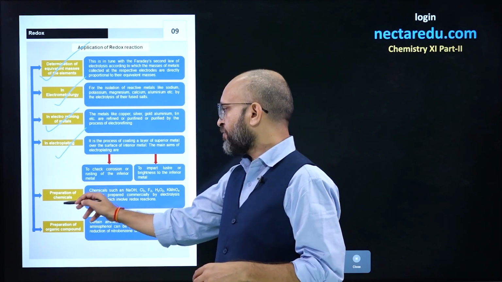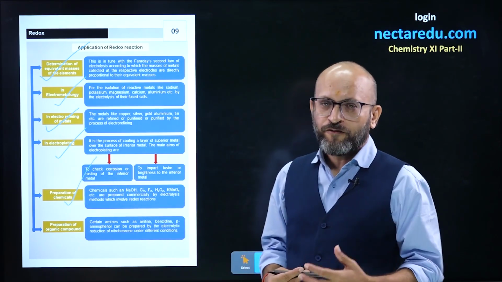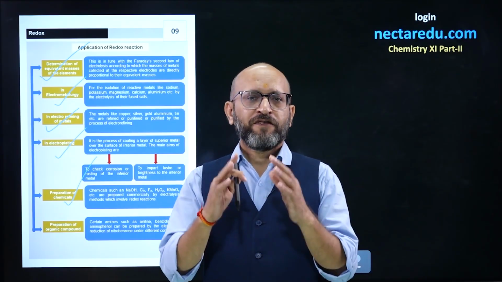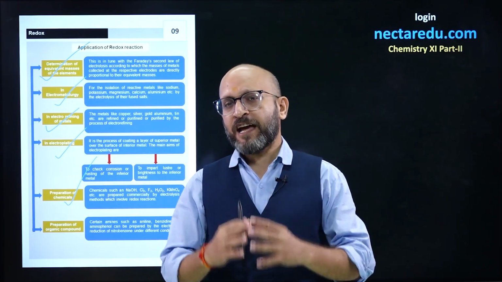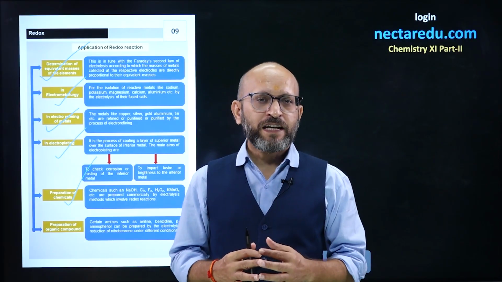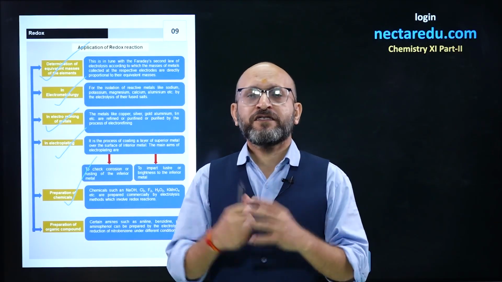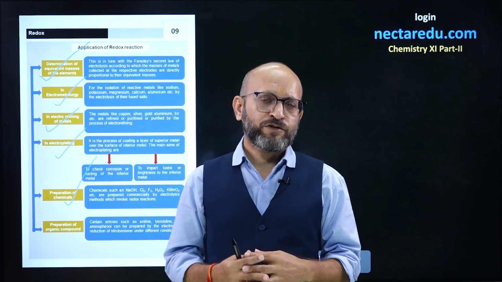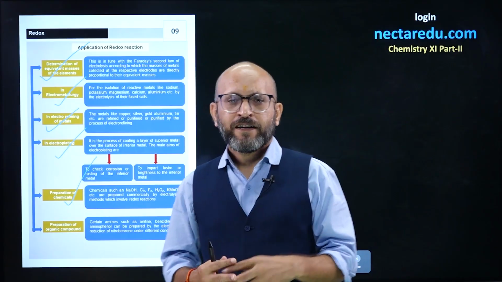Next, preparation of chemicals. From electrolysis of different solutions in the fused salt or in the aqueous solution, we can prepare many chemicals, such as sodium hydroxide, which can be prepared by the electrolysis of a brine solution. Similarly, you can use different aqueous solutions for the preparation of different chemicals.